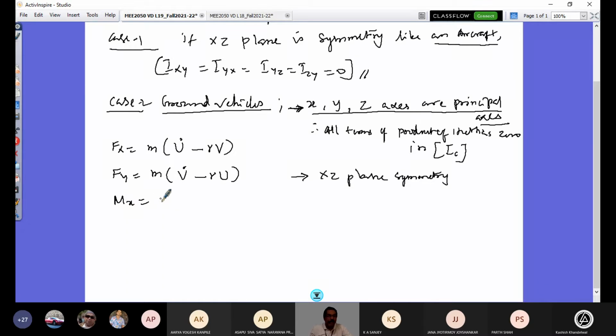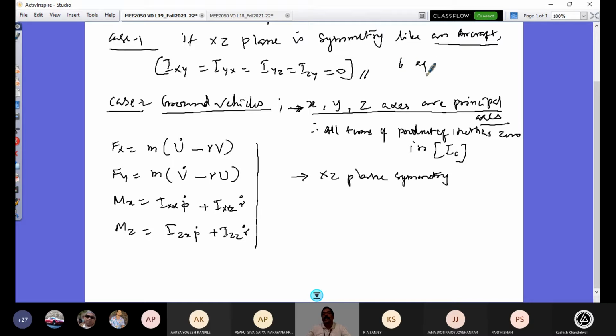And then Mx is going to be Ixx P dot plus Ixz R dot, and Mz equals Izx P dot plus Izz R dot. So these equations for a ground vehicle are 4 equations. There are 6 equations for the simplified aircraft equations.